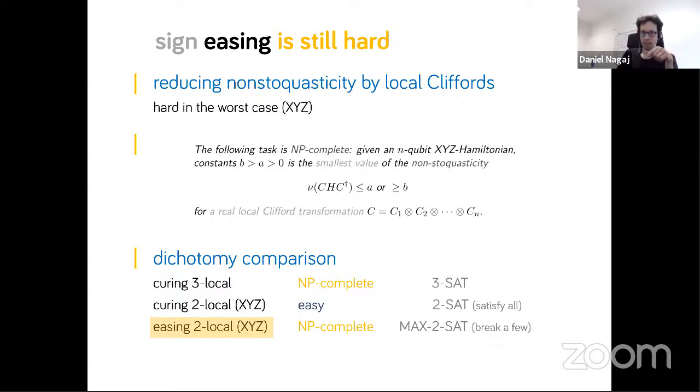An analog of this for the sign problem is that we now know that curing the two-local Hamiltonians of the XYZ type, fully curing and understanding whether you can do it or not, and actually in the cases that you can do it, there is an algorithm for this. This is easy.